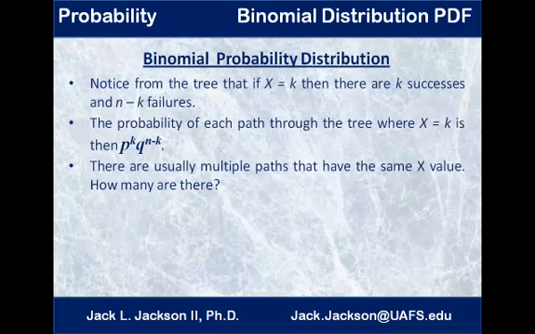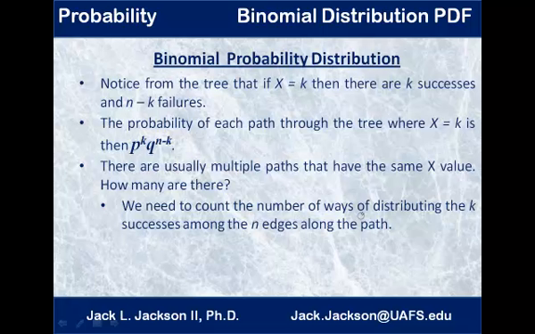If you've got k successes and you've got n trials, how many different paths will lead to that? Go ahead and press pause and think about that a minute. Well, what we need to do is count the number of ways of distributing the k successes among the n edges along that path.